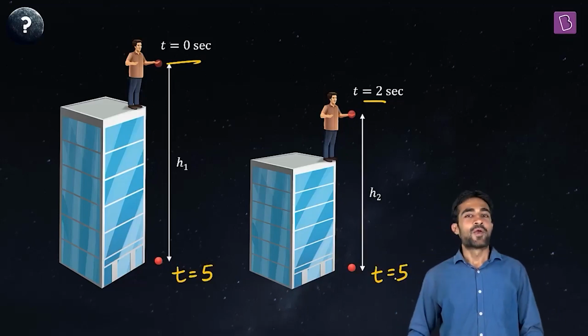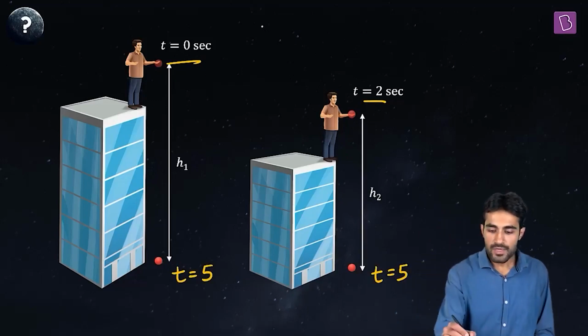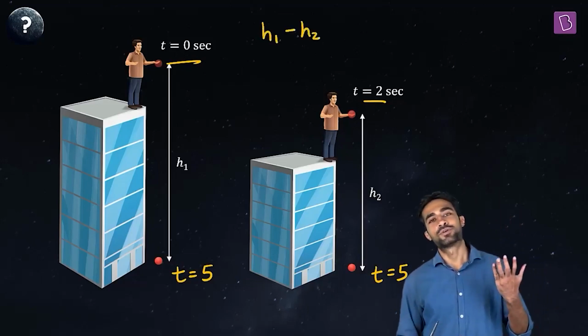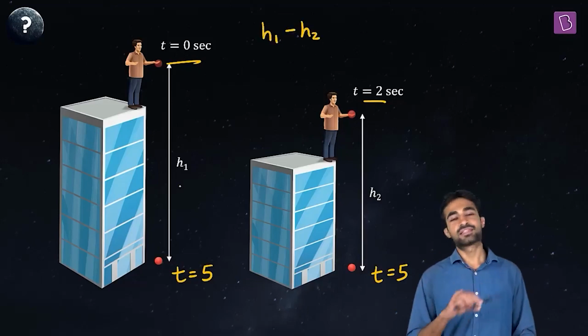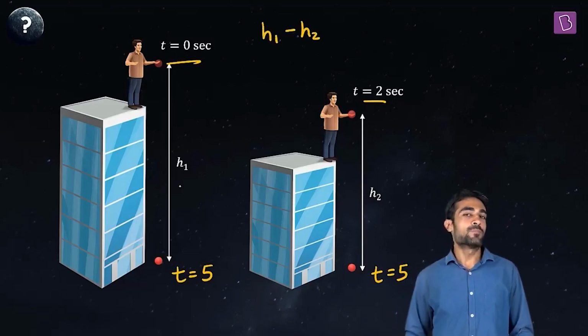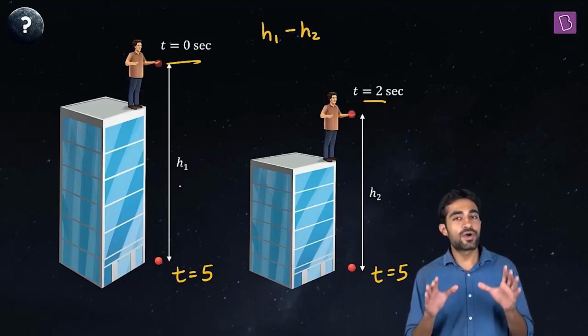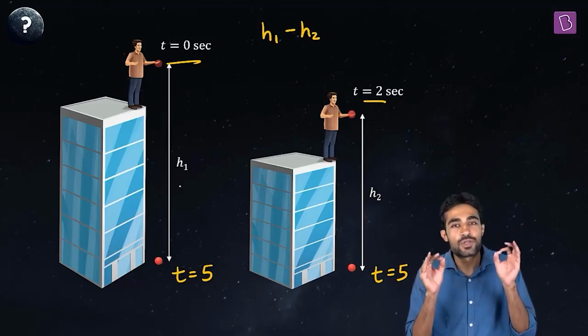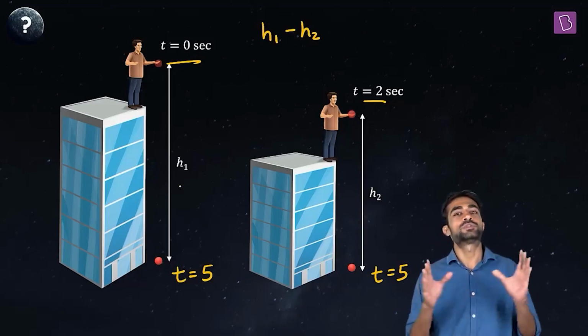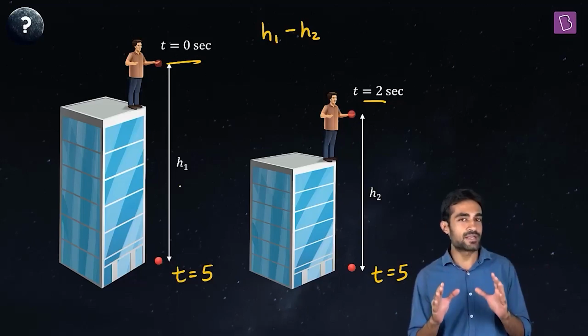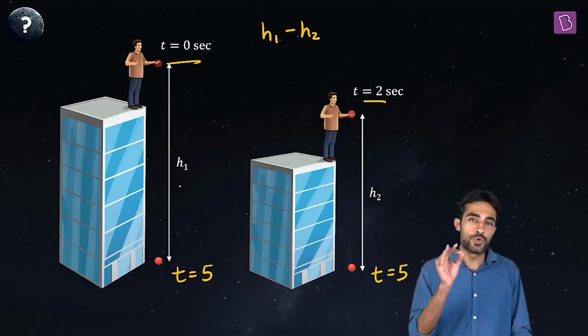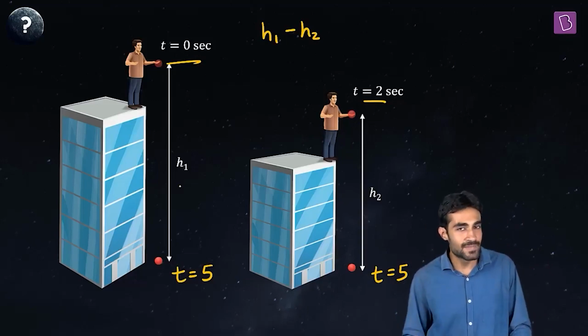Good. Now we have to tell what is h1 minus h2. This is the question. Find out h1 minus h2. Now, when the balls were released, they were released with zero initial velocity. So, u is equal to 0. And we know the displacement s is equal to ut plus half at square.